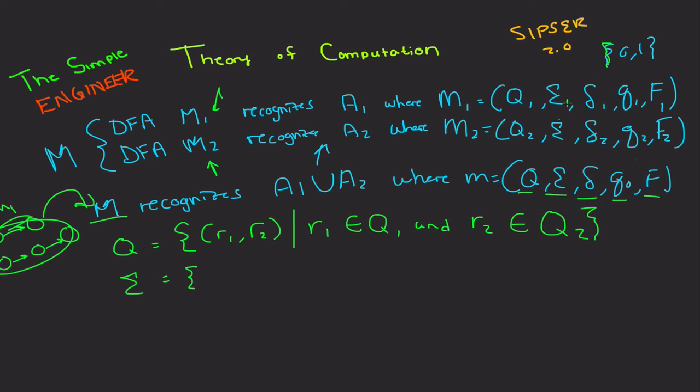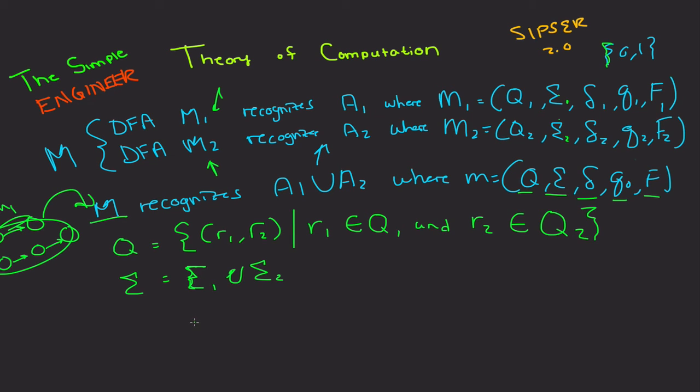If they were different, which they can very well be, then what we would do is have sigma equals sigma 1 union sigma 2, which would allow you to take input from either, right? But basically, we're recognizing the input alphabet. They share the same input alphabet. Okay, so next we look at the delta function, which is the transition function.